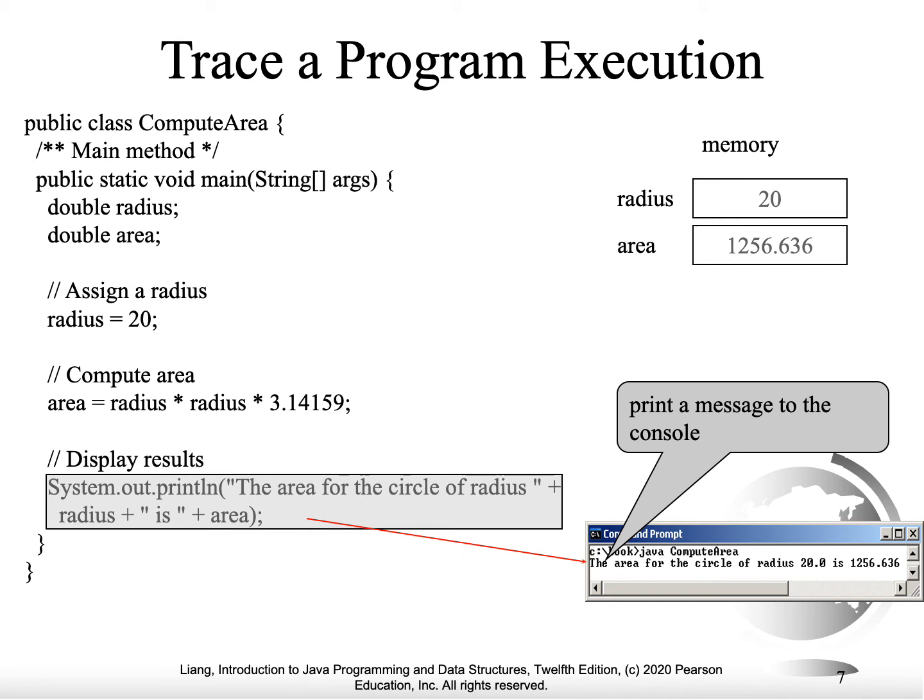Is, once again, is enclosed in quotation marks and is displayed exactly as it appears. And then finally, area, not enclosed in quotation marks, will send Java to that memory location and display the contents of that memory location. It's also worthwhile to note that the plus sign is used as a concatenation operator to concatenate, or join, those various pieces of information together.